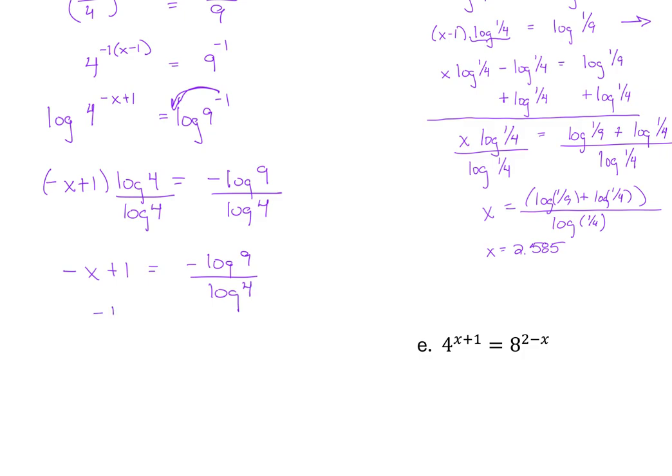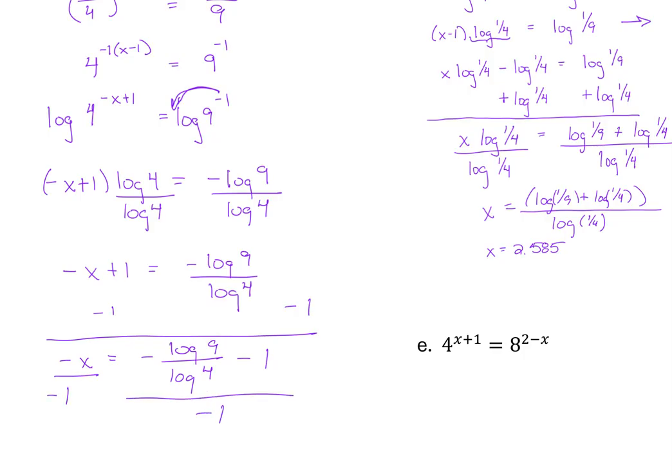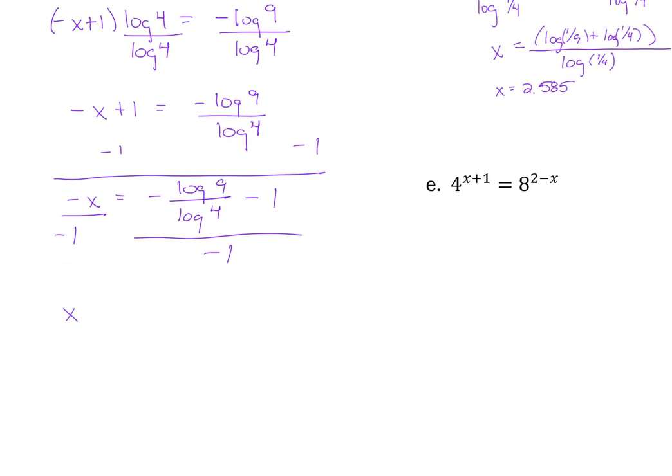Again, we can subtract the 1 this time, and we get negative x equals negative log of 9 over log of 4 minus 1. And then if we divide by negative 1, we can change these signs, and what we get is log of 9 over log of 4 plus 1.